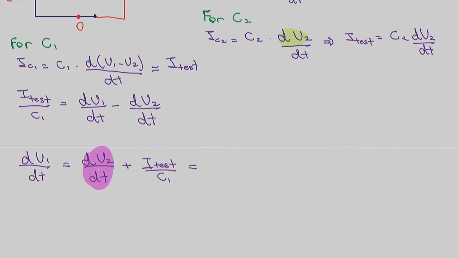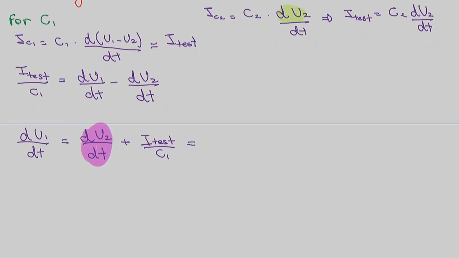Because we got it there from the top. We had here dU dt that we found from substitutions. So I am going to write this equation as equal to ITest over C2 plus ITest over C1, which came from the other equation when we were looking only at capacitor 2.